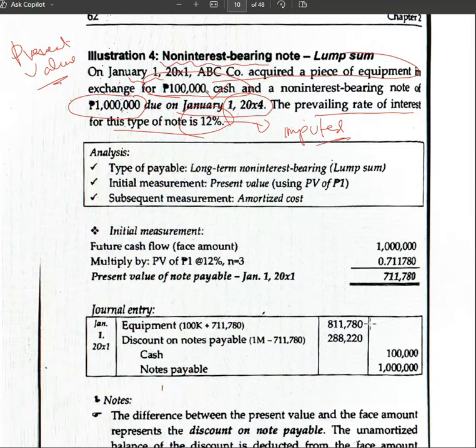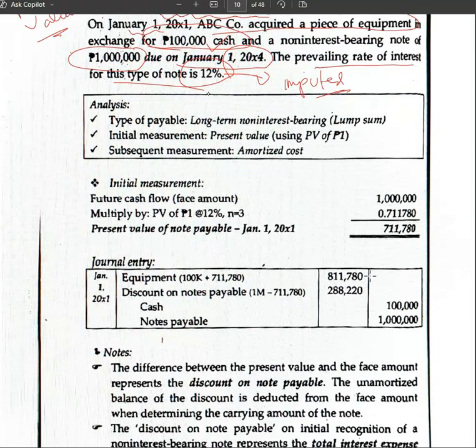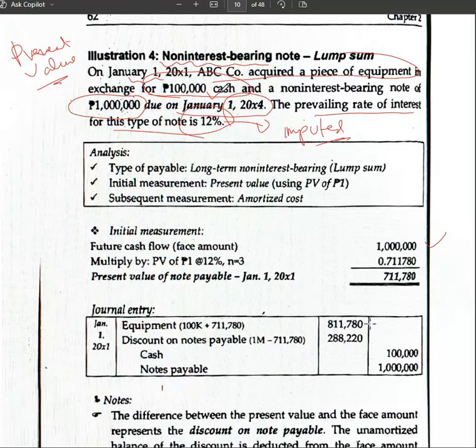First, we need to compute the present value of the note. So here's the 1 million that is to mature after 3 years. We compute the present value factor using the 3 years. How do we do that? Just multiply the 1 million by the present value factor. You can use this one: 1 plus 12%, raised to 3, then 1 over it.